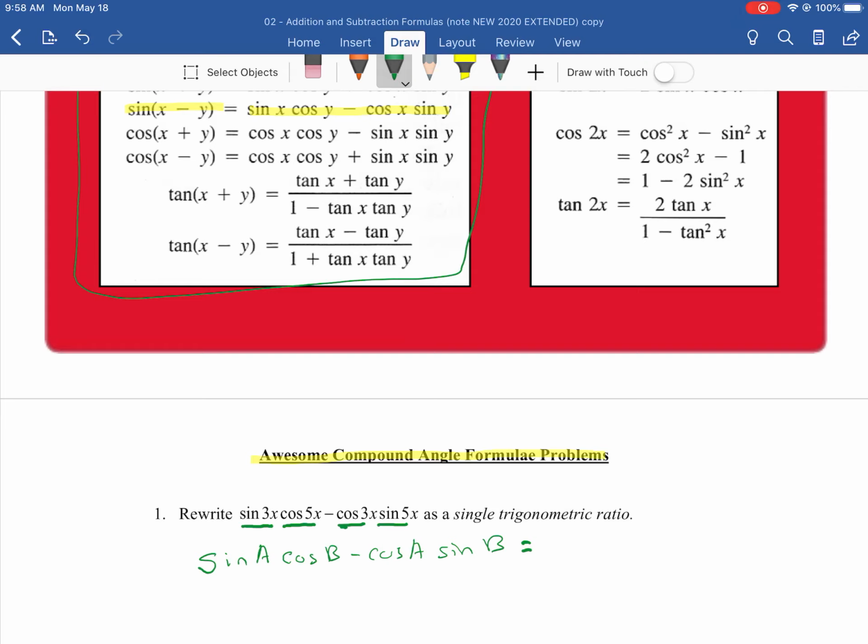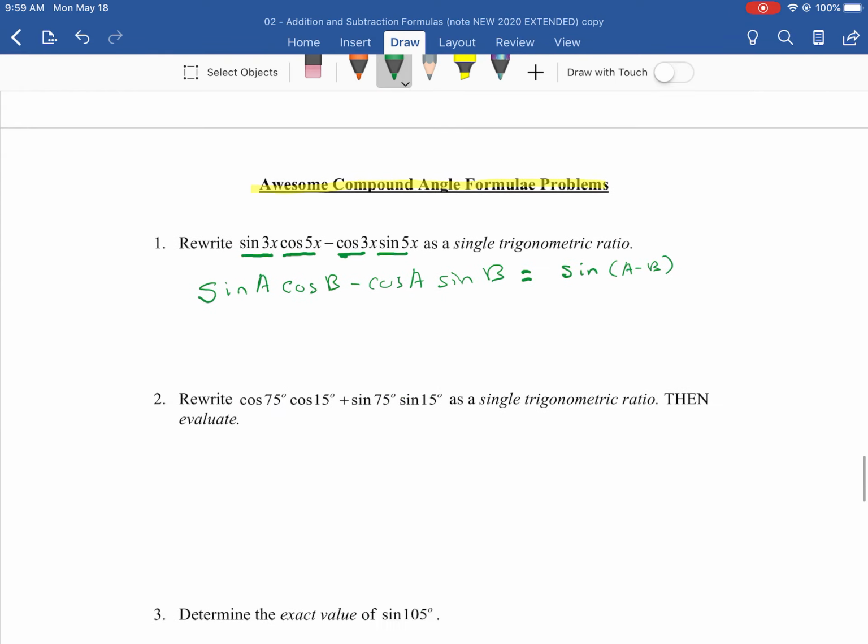And apparently, that's going to be equal to, now I'm going to write the left-hand side of that formula, that's going to be equal to sine of A minus B. Okay, so I've rewrote that exact formula that you can see highlighted at the top of the screen. I've rewrote it down at the bottom. I've used A's and B's instead of X's and Y's, and I've wrote it right to left. All of that stuff in one step.